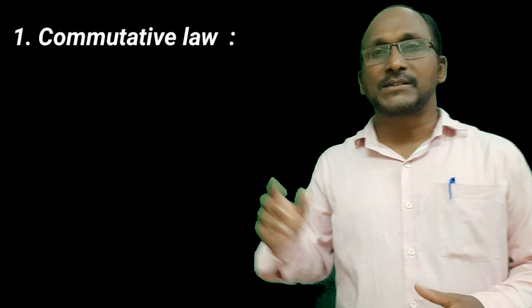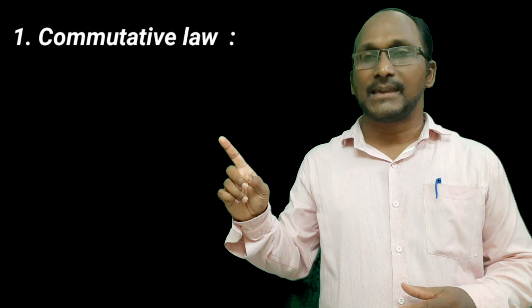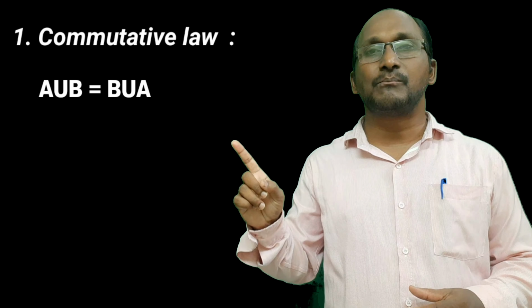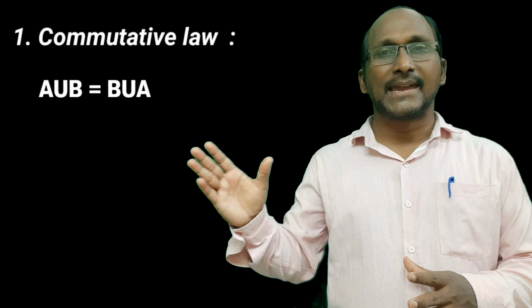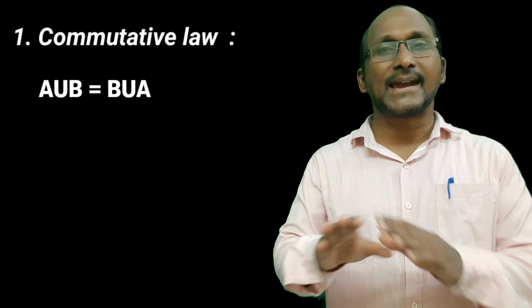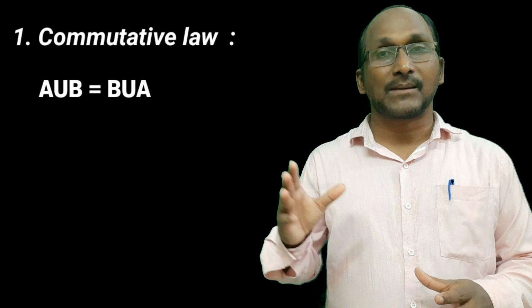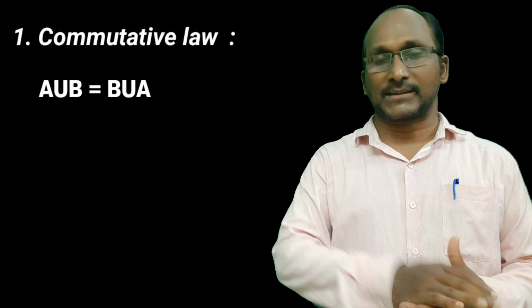Now let us see the first one, that is commutative law. That is A union B is equal to B union A. Now we can easily say that A union B and B union A are equal by the element wise proof method.